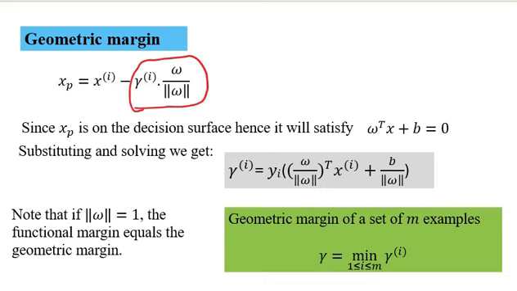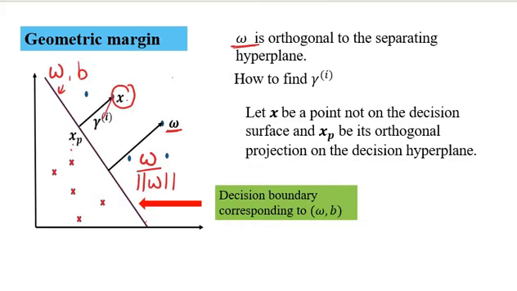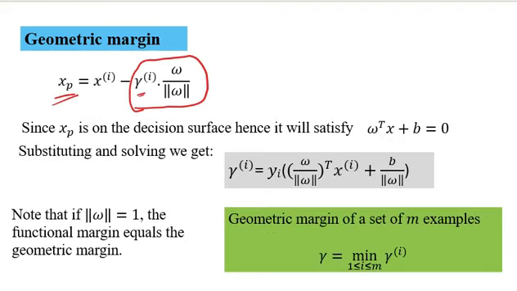The geometric margin, the absolute value multiplied by the unit vector gives us a vector in the same direction of the length gamma I. So the vector XP can be found in this manner: Xi minus this vector. We have this X vector, I'm sorry, it should have been a straight line. And then we have this vector and subtracting them, we get the XP vector. Okay, vector X minus XP, we get this vector.